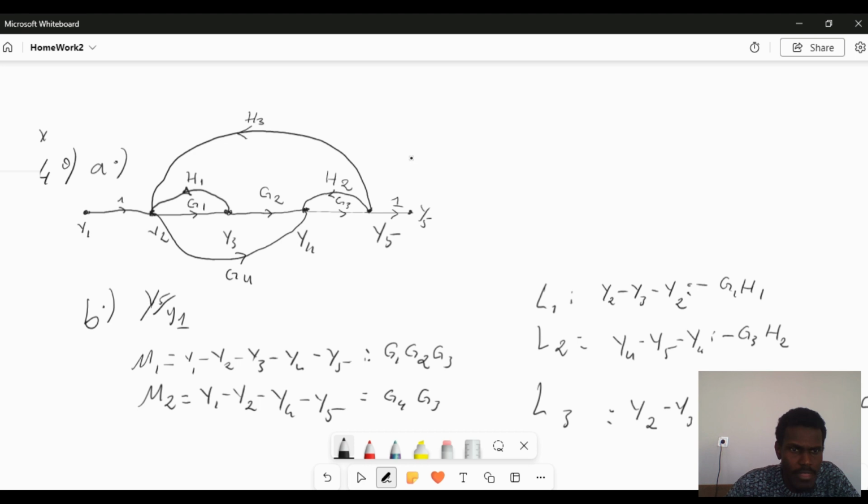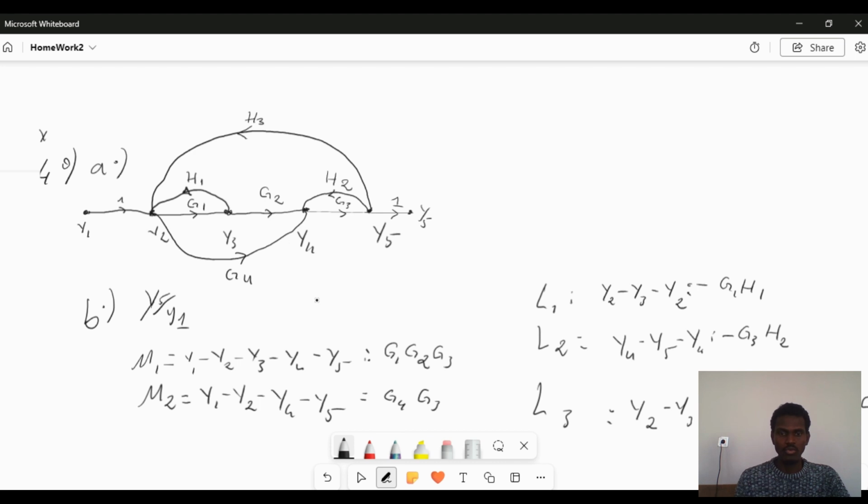So let's see if we have another loop path. We can see y2, y4, y5, and again coming to y2.